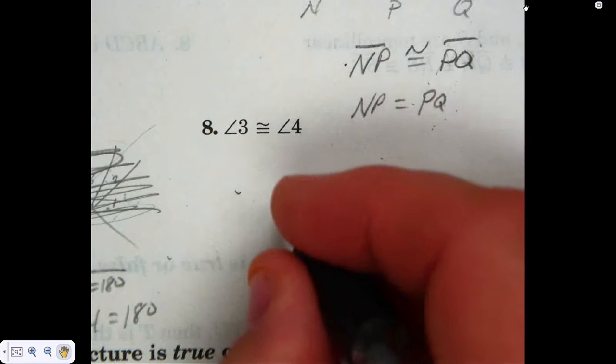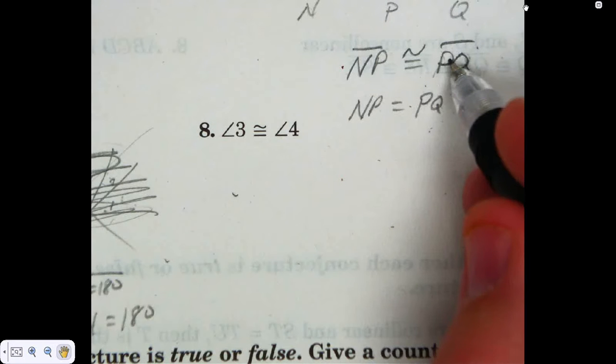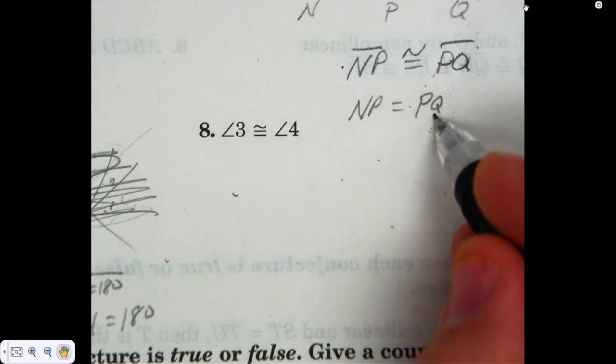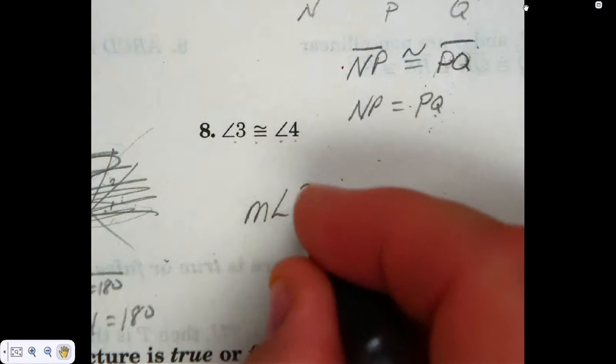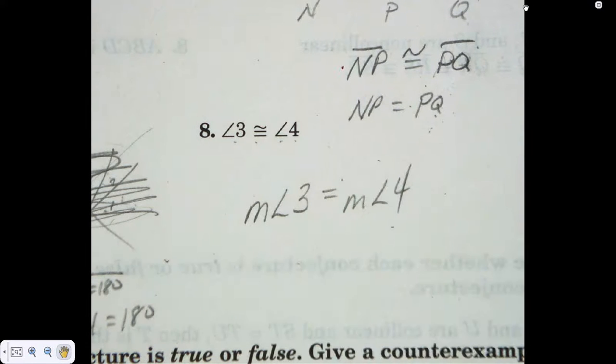Right here, if angle 3 is congruent to angle 4, what do you think we can say about the measures of those angles? Anytime they're congruent, I mean, I did it right up here. Anytime I say things are congruent, the next thing I can say is that their measures have to be equal. So if angle 3 is congruent to angle 4, then the measure of angle 3 is equal to the measure of angle 4. You see how all of these are conjectures about the information given?